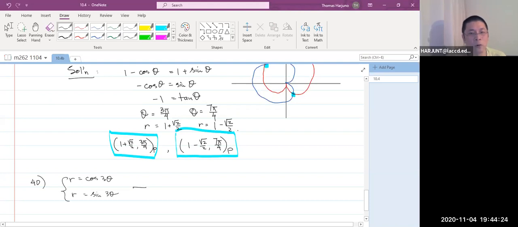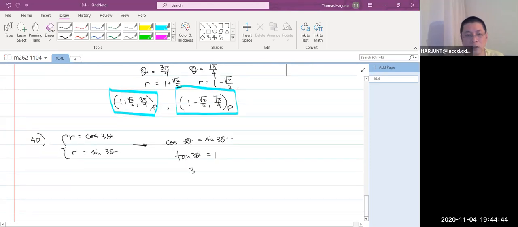If they are equal, then cosine 3 theta equals sine 3 theta. So tangent 3 theta equals 1, right? I divide by cosine 3 theta. Therefore, 3 theta equals pi over 4 plus pi k. The period is pi. Dividing by 3, that gives me pi over 12 plus pi over 3 k.